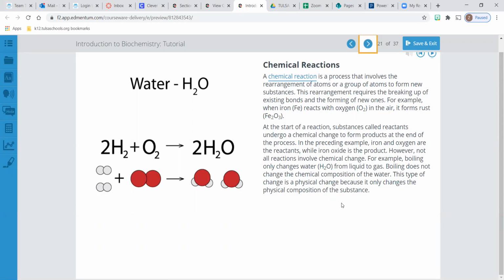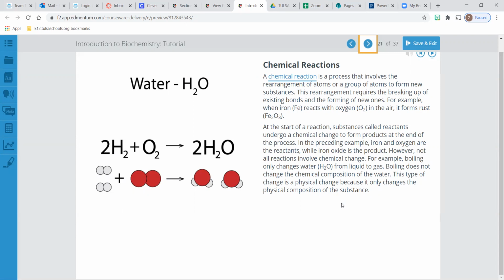Chemical reactions. So a chemical reaction is a process that involves rearranging atoms or a group of atoms to form new substances. So if we're rearranging, that is going to require bonds that exist already to break up and then form newer bonds.